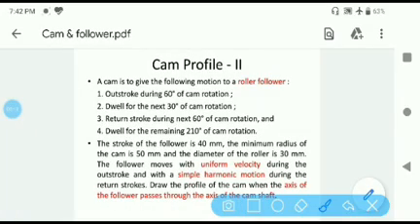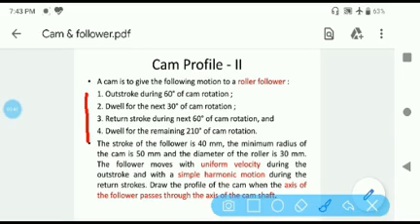Like here, the outstroke takes place at an angle of 60 degree of cam rotation. First dwell period takes place for the next 30 degree of cam rotation. Return stroke takes place during the next 60 degree of cam rotation, and the dwell period for the remaining 210 degree of cam rotation.